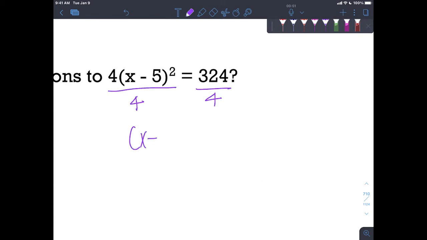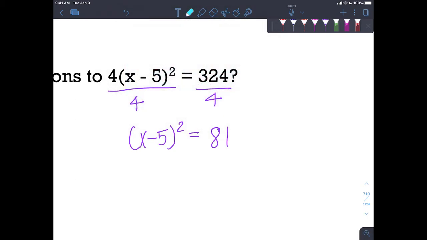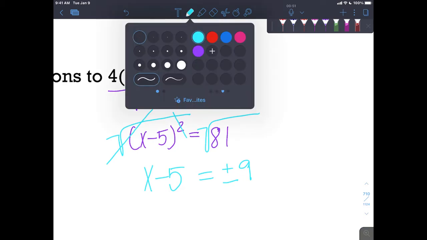And I end up with this. Now I want to go ahead and get rid of that exponent. So I'm going to take the square root of both sides, remembering that it's going to have two possible answers.